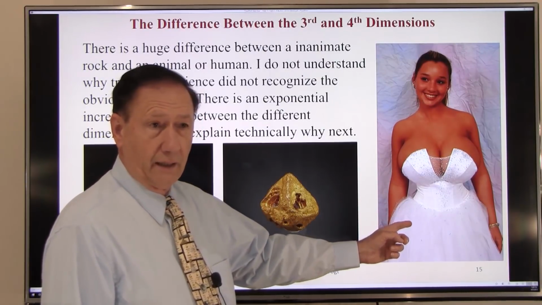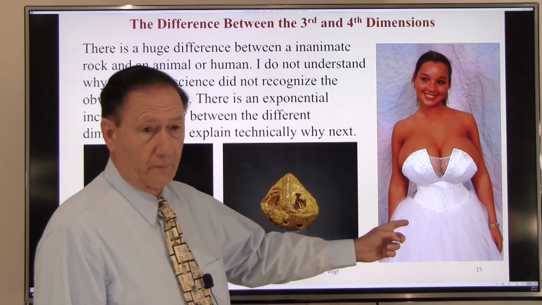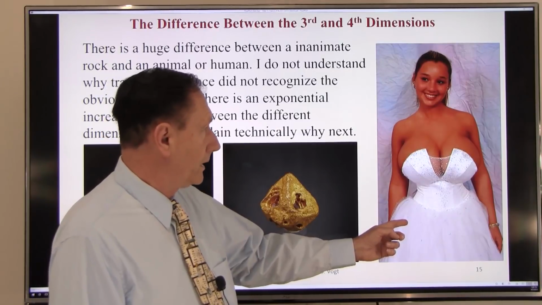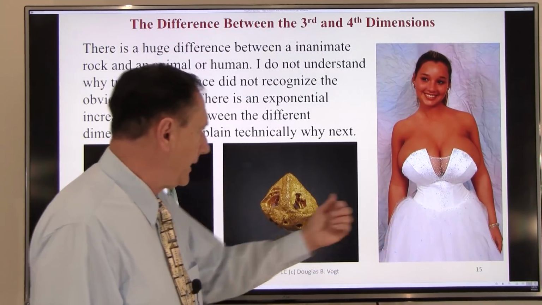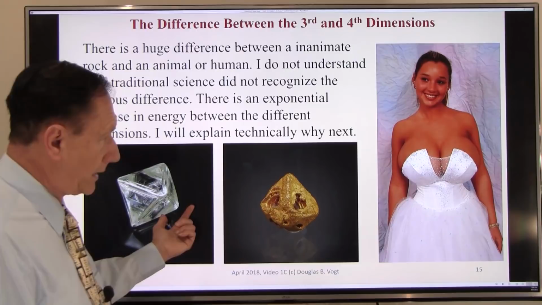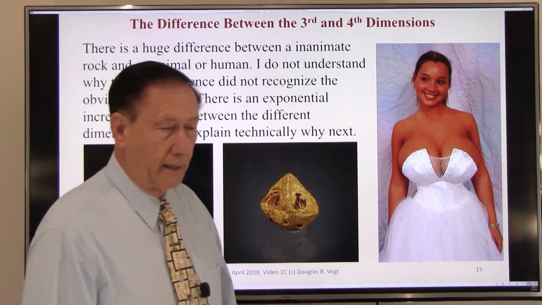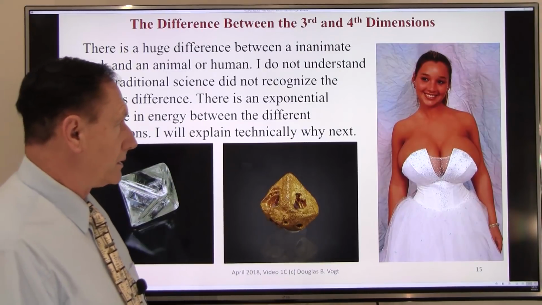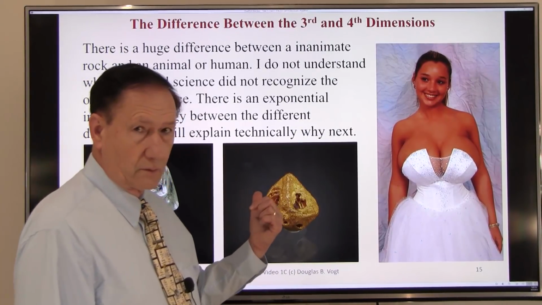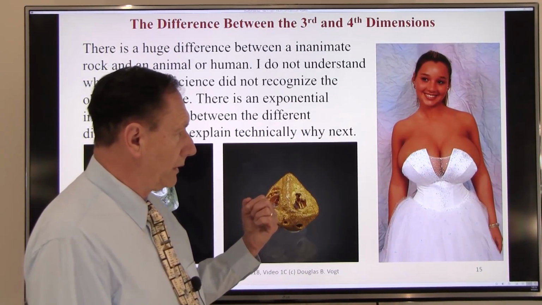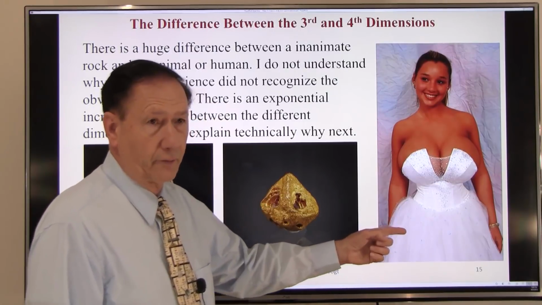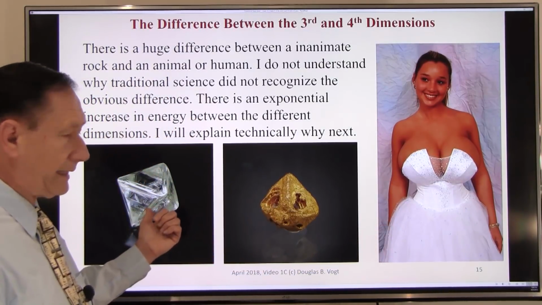And this is also matter, but she's a living thing, just like you and me and even the bugs. Now, I can see there's a major difference between inanimate objects and a living thing. So tell me why the great physicists don't see the difference.